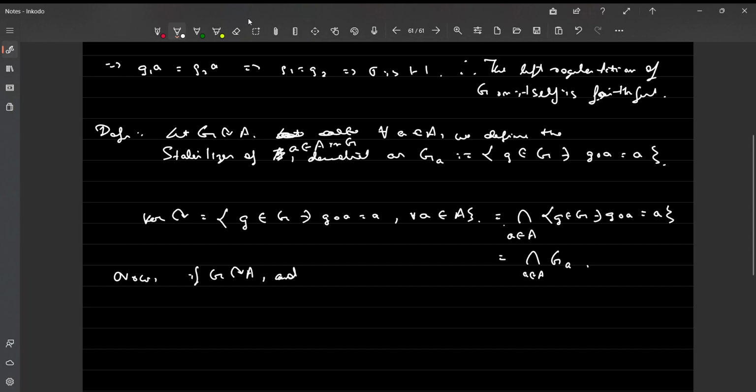Okay. Now, if G acts on A and sigma small g is the associated permutation representation afforded by this action, then we know that the kernel of sigma g is a normal subgroup of G, right?